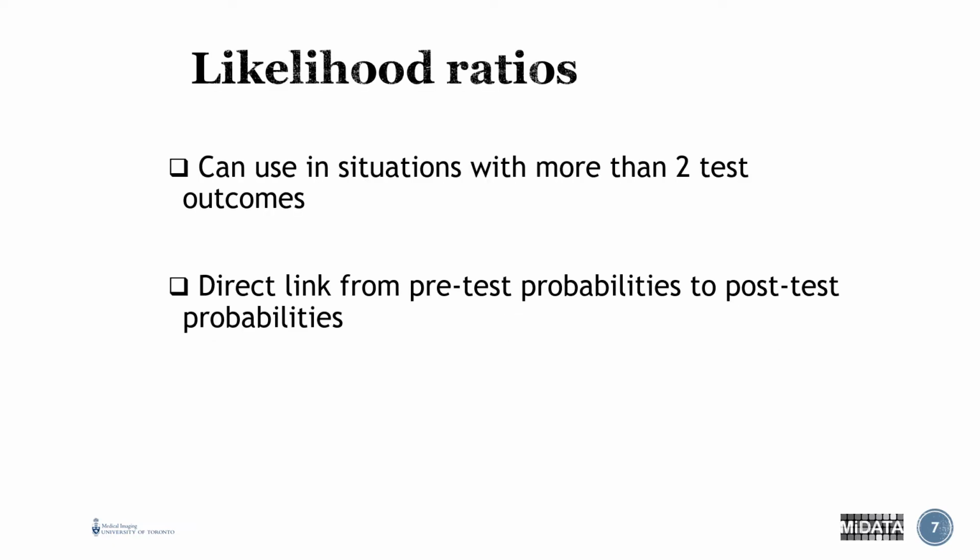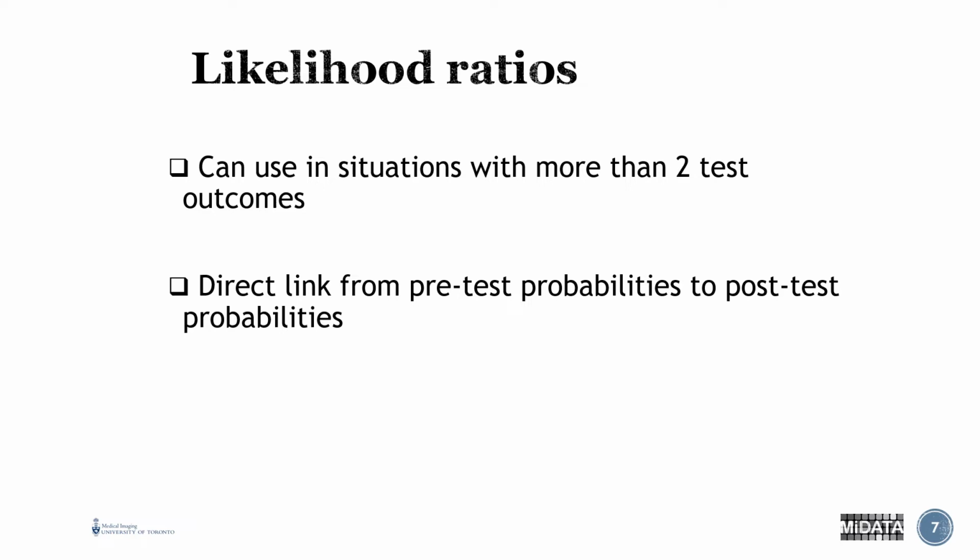Now remember those likelihood ratios that we talked about in a previous lecture? Well, they come in handy in diagnostic accuracy as well, because you can use them in situations with more than 2 test outcomes. So remember, for a binary test, no problem. But what if you have a test that has more than 2 levels or 2 outcomes? What do?